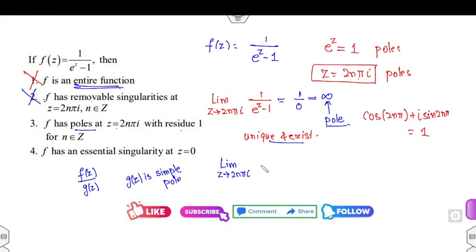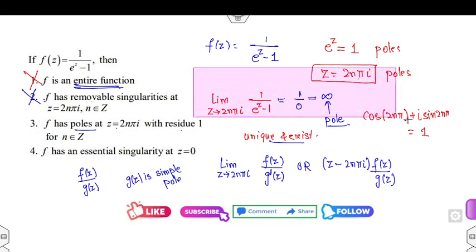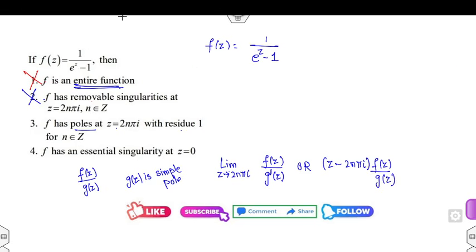Then you can find the residue as f divided by its derivative directly, or you can find it by multiplying z minus 2 n pi iota into f z over g z. That's your choice. Fine. But since it is a simple pole, I always prefer to use this value.